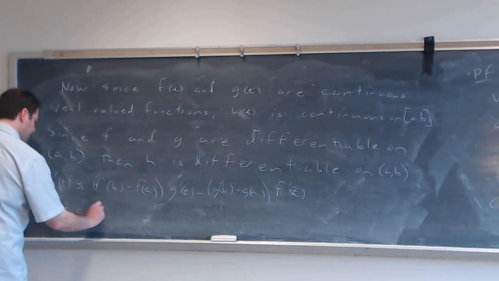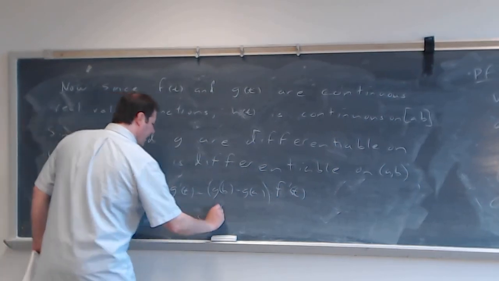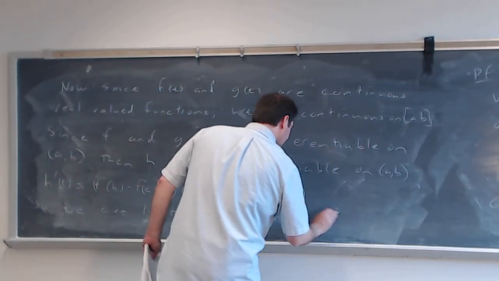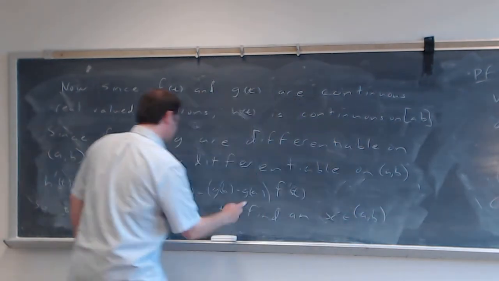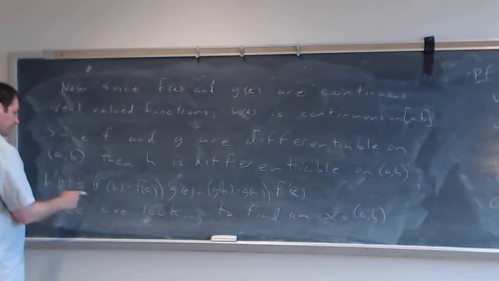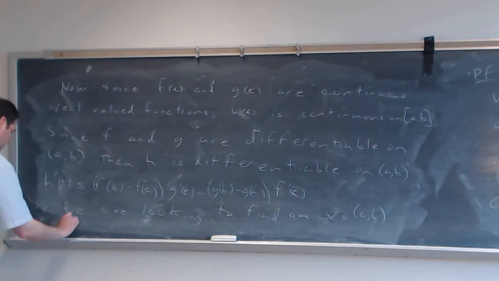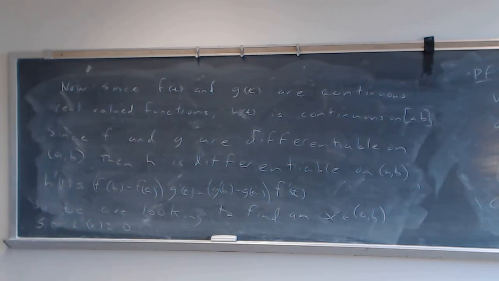For these two things to be equal to each other, h prime of x has got to be equal to 0. That's what we need.